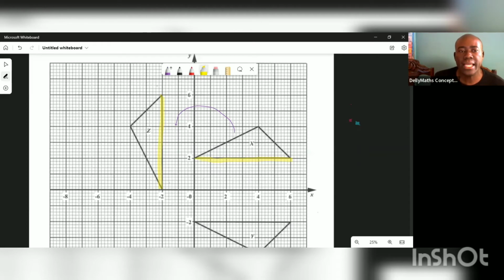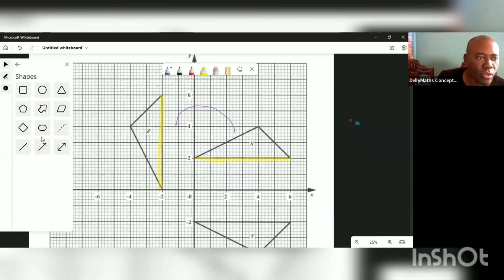So it is a rotation. But what I could do, Joe, is just to connect up to show you the 90 degrees.